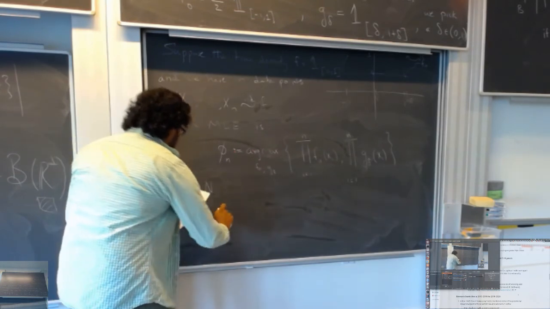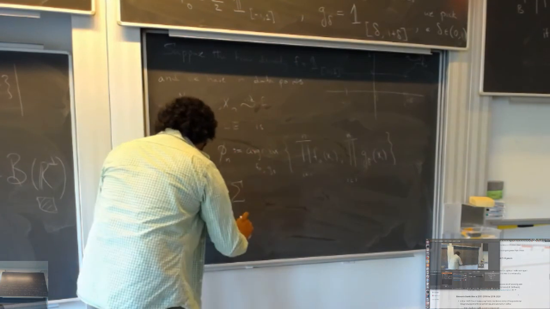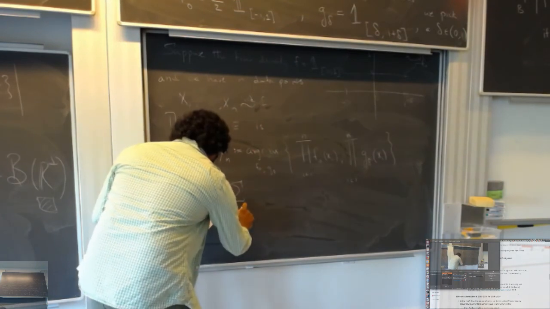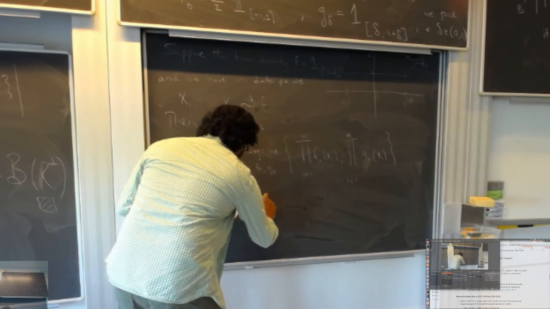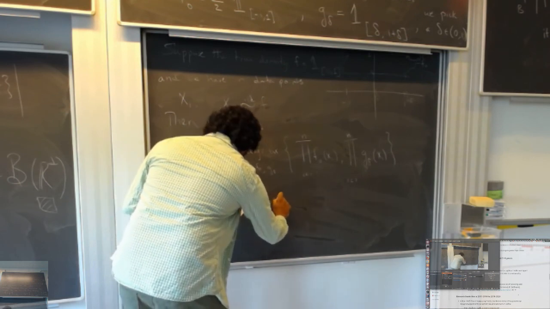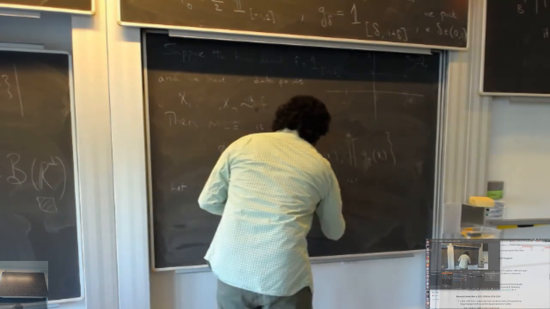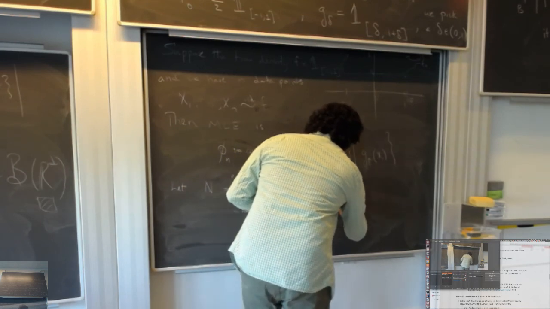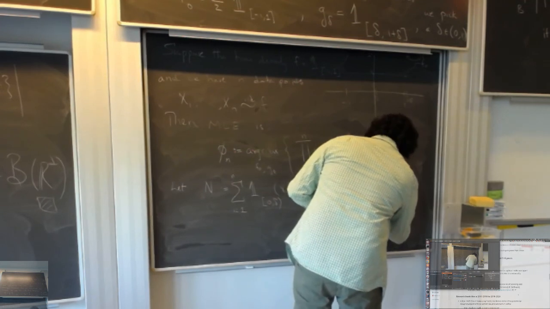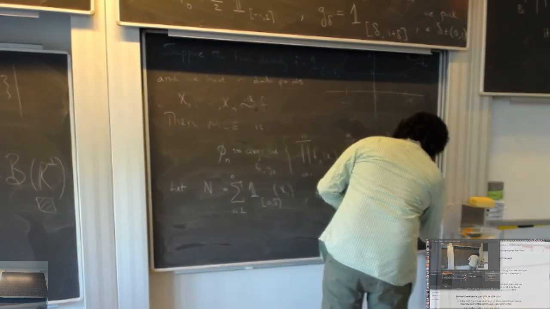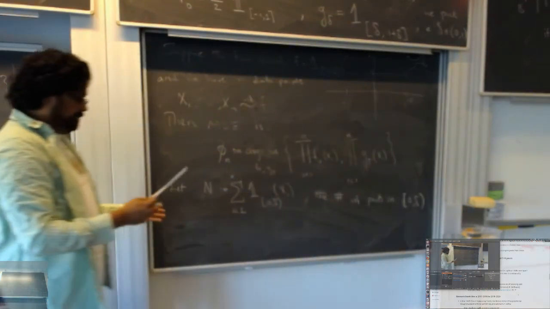Now let capital N be defined to be the number of data points that fall inside my (0, delta) interval. That's my capital N, it's random.